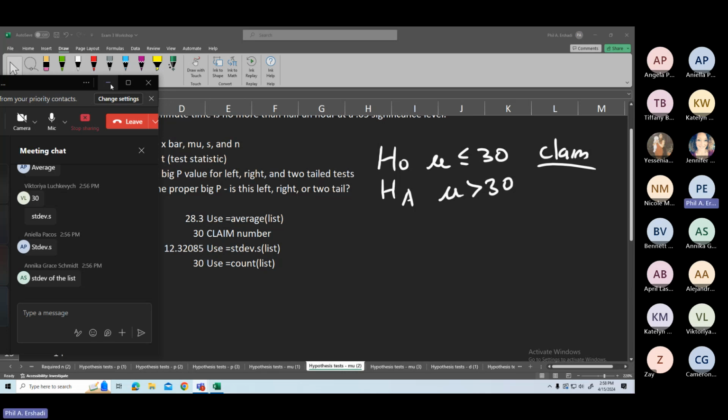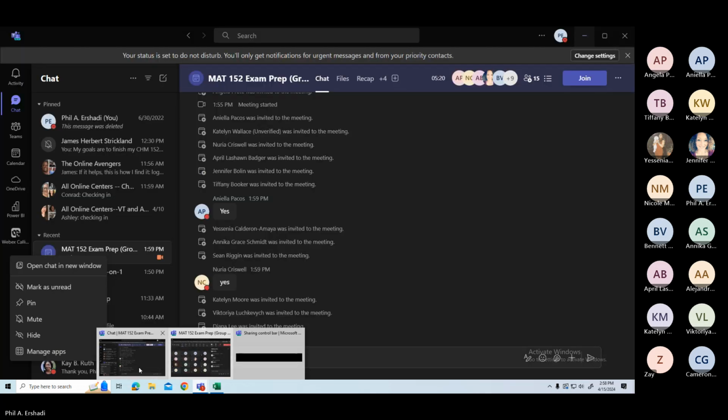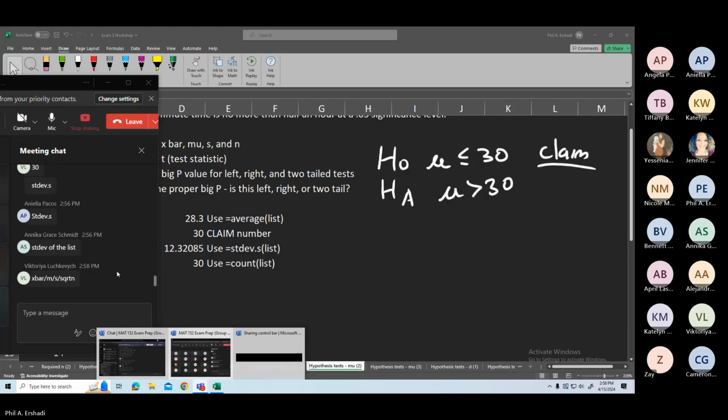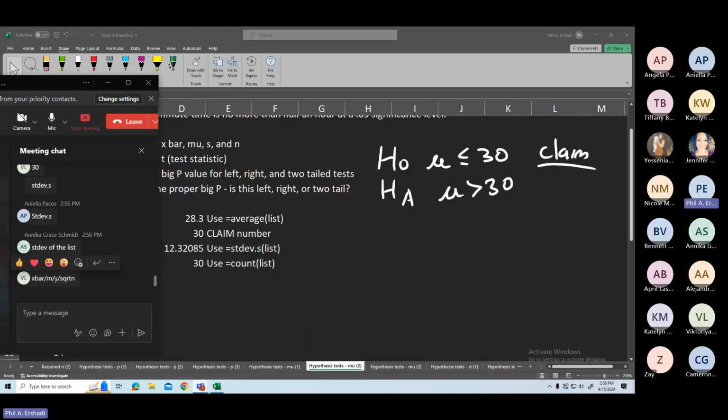All right, any ideas for t at all? x bar divide by mean, divide by s, divide square root n. You're close. I think there's a typo in that. There we go. That's the one.